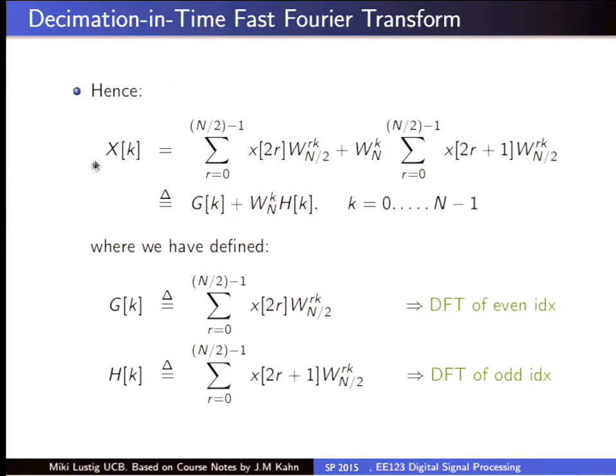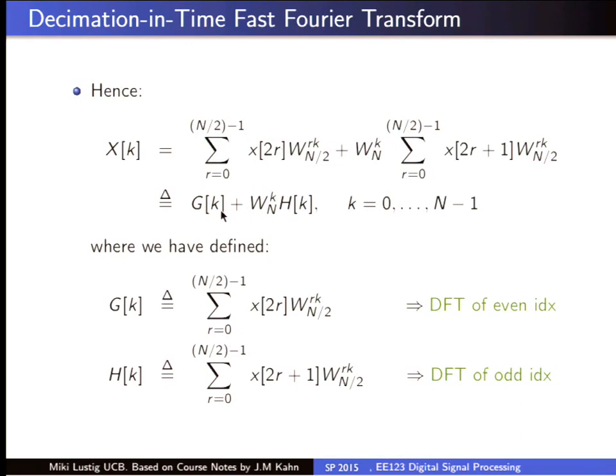Okay, so now what we got? We got X of k, now a variable of k, right? We're computing a transformation. We're summing over the evens with this, summing over the odds with this factor, and then afterwards we have to multiply with another factor for the odd ones. So now this is, in fact, a DFT. By definition, this is a DFT of an n over 2 size signal, and we're going to call it G of k.